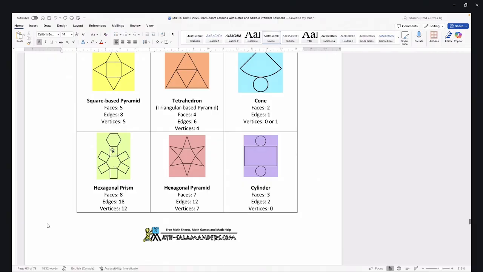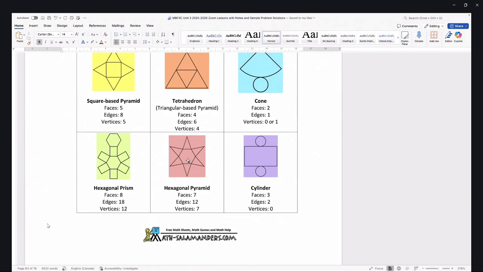All of the sides are going to flip up and touch each one of these sides. So six sides is a hexagon, and it's going to have 1, 2, 3, 4, 5, 6, 7, 8 faces.